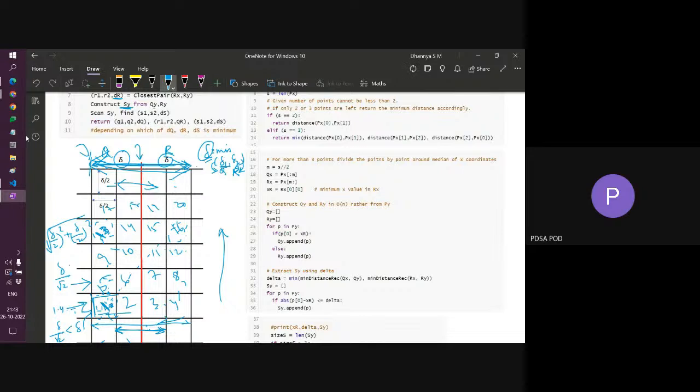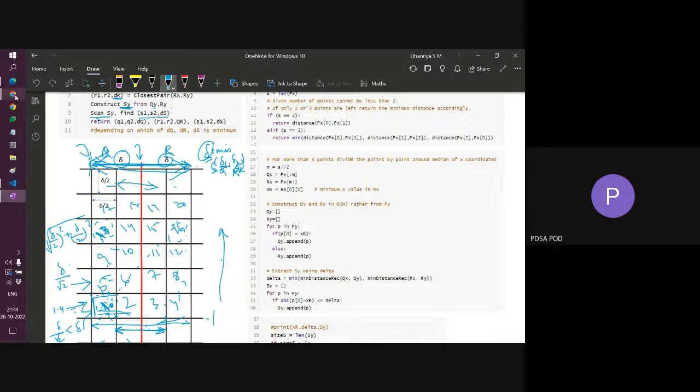As I told you, we are actually starting in the sorted order of y, and we keep going from the smallest y coordinate to the largest y coordinate. So you do that, fine. Then scan Sy, find S1, S2, D2. So how do I find S1, S2, D2?